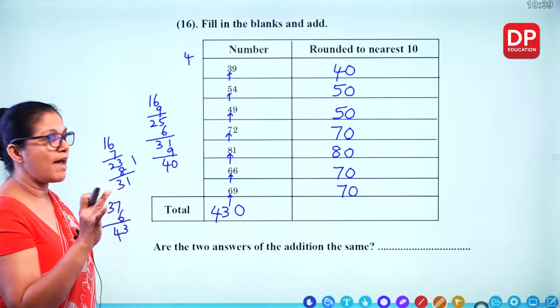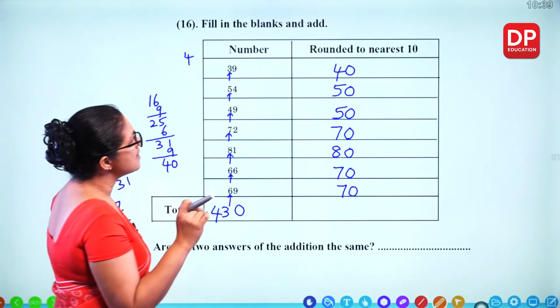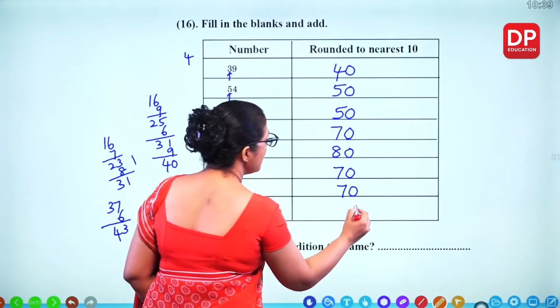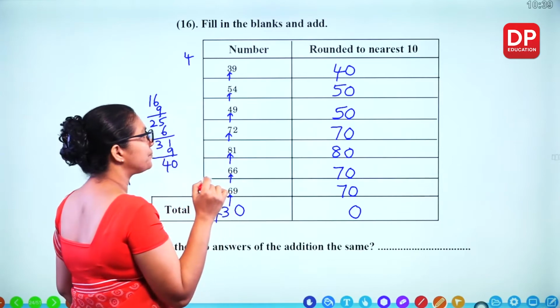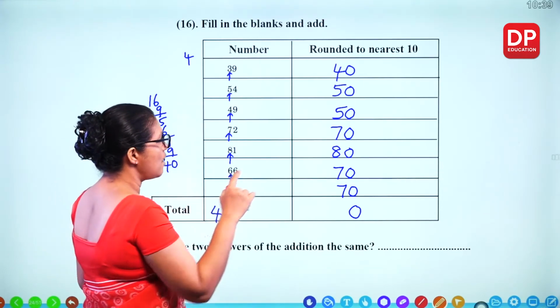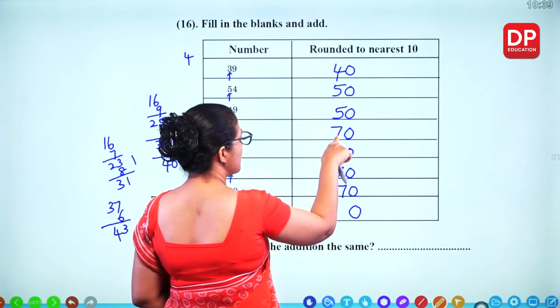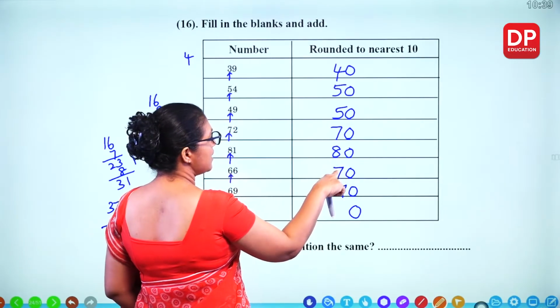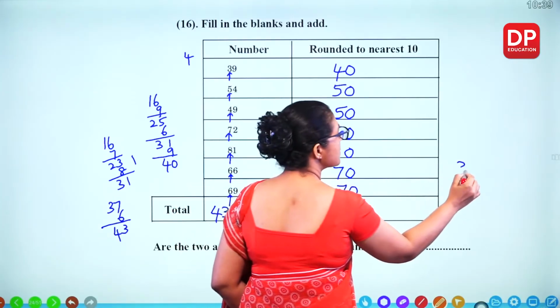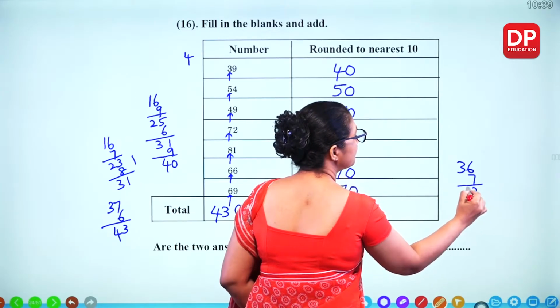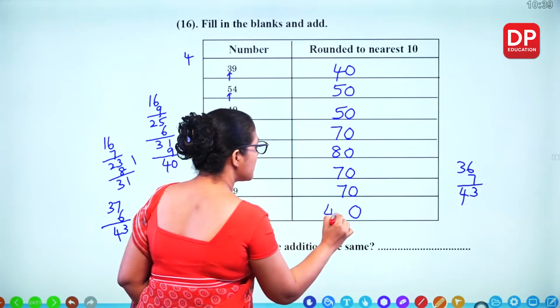That's the actual value. Now we'll take the rounded value and see. 0, 9. 9 plus 5, 14. 14 plus 7, 21, 29. Then 36. 36 plus 7, 430.